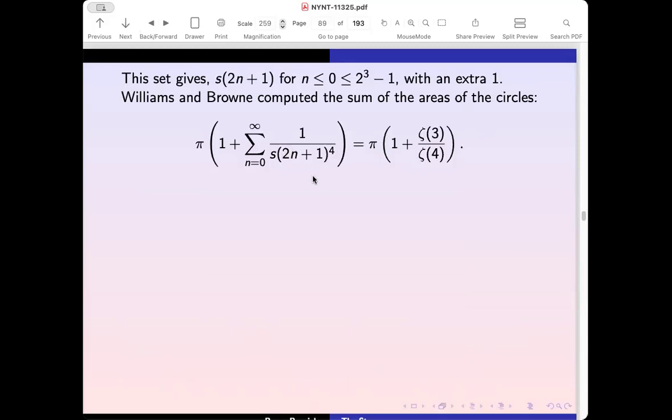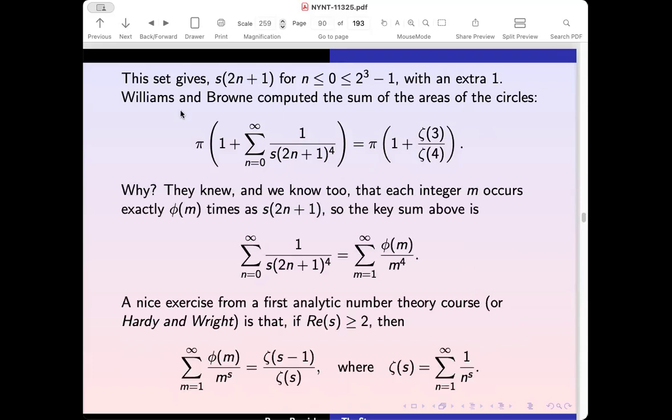And Williams and Brown computed the sum of the areas of the circles as this nice, sort of unexpected thing with the zeta function. However, they used the fact that each integer m is going to occur phi of m times as S of 2n plus 1. So they're really looking at the summation of phi of m over m to the fourth, which is a nice problem from a first year analytic number theory class. And this is the general formula for that.